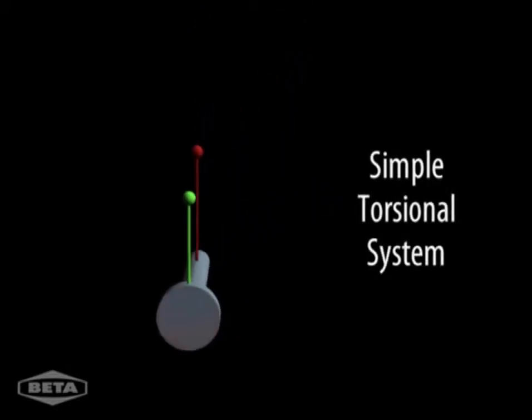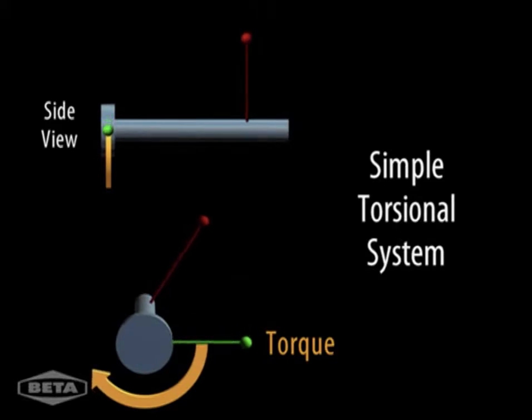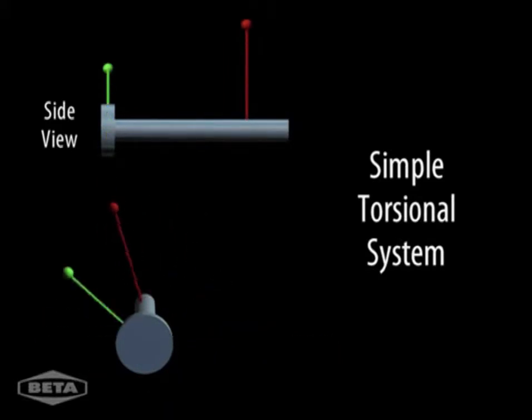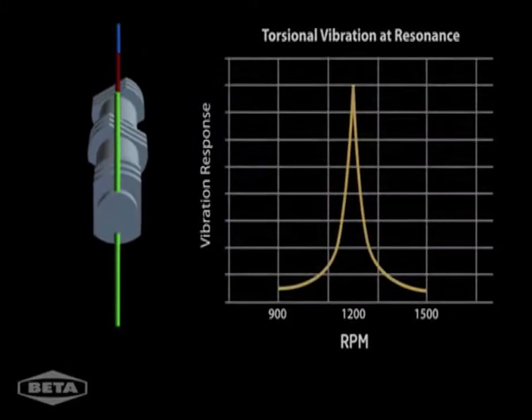Imagine twisting a shaft by rotating one end. After releasing the shaft, it rotates back and forth. This oscillation occurs at the torsional natural frequency. This is analogous to the mechanical natural frequency described in Module 1. Torsional vibration can occur, especially if the system is resonant.